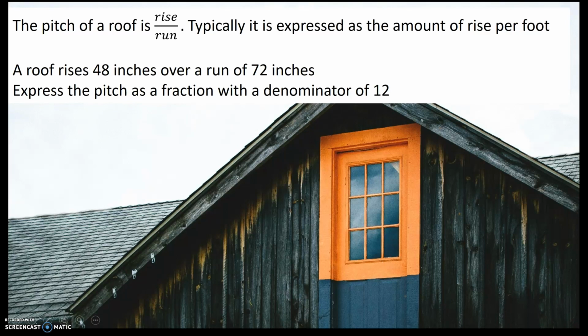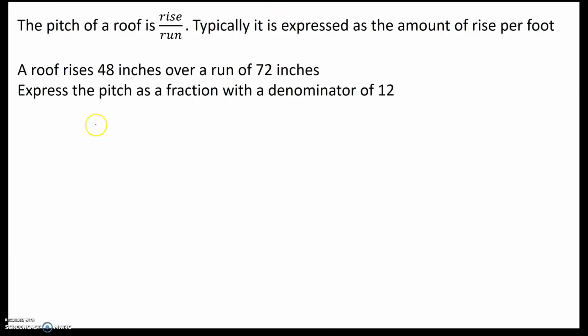The next question involved fractions and equivalent fractions. Pitch of a roof is rise over run. A roof rises 48 inches over a run of 72 inches. Express the pitch as a fraction with a denominator of 12. In order to do this, we need to set up our fraction, rise over run, 48 over 72, and then rewrite as an equivalent fraction over 12.